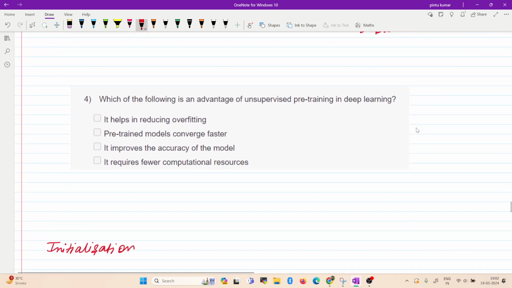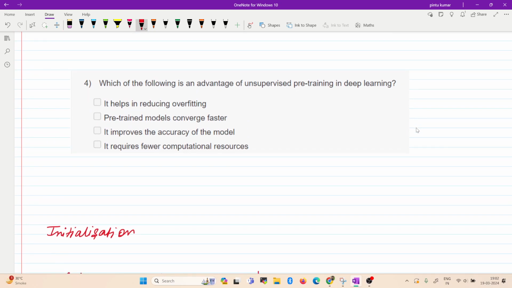Okay, here is the next question. Can you please tell me which options are correct? Which of the following are advantages of using unsupervised pre-training in deep learning?